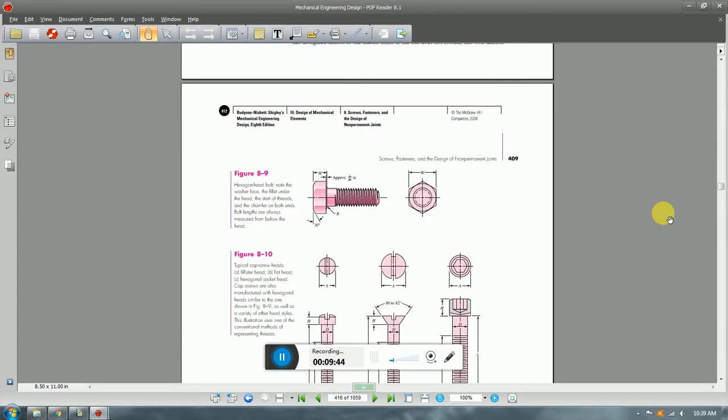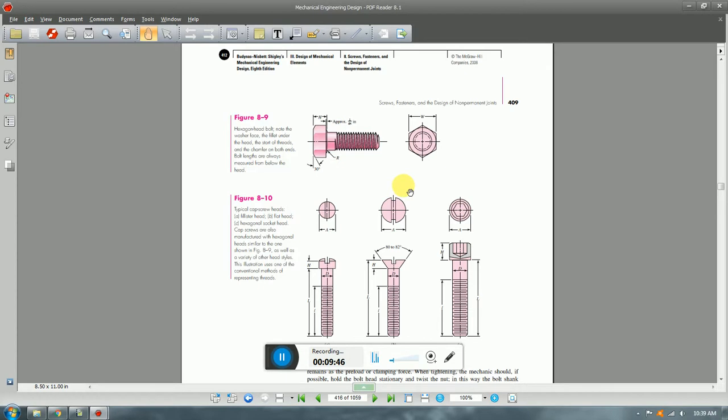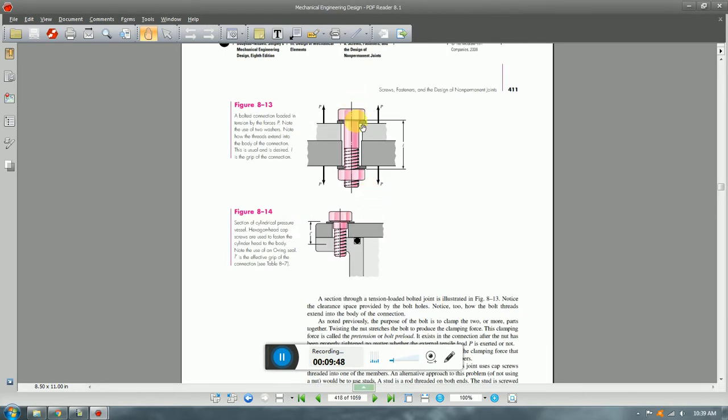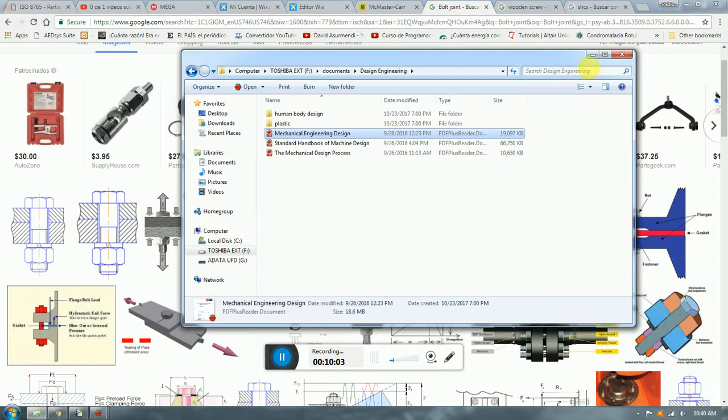Here it is. These are screws. For example, here, this is a bolt, this is a screw. The screw is being tightened into this part, which has a threaded hole, while the bolt is connected to a nut. It's going to be clamping two parts together. This is the main difference.